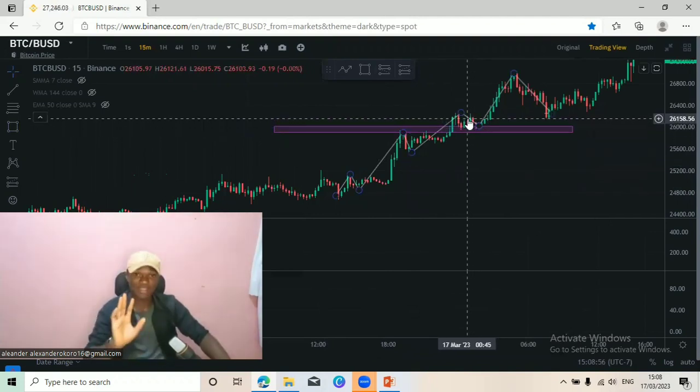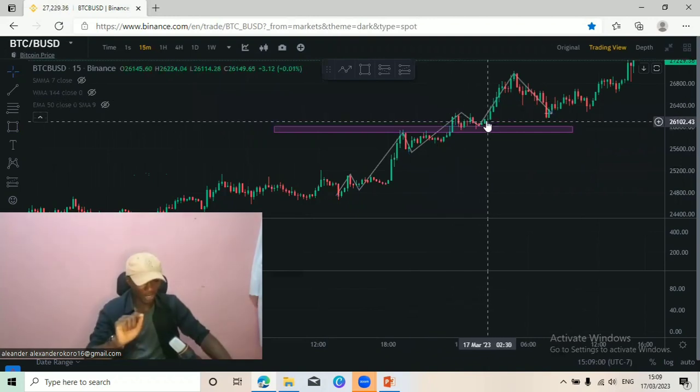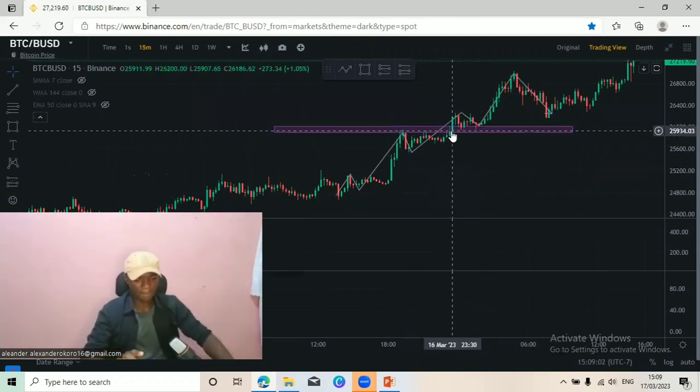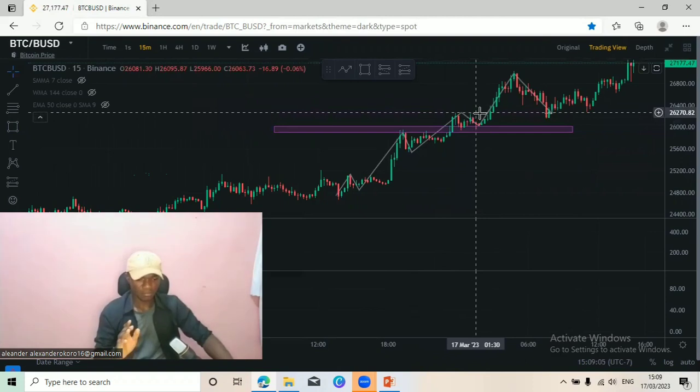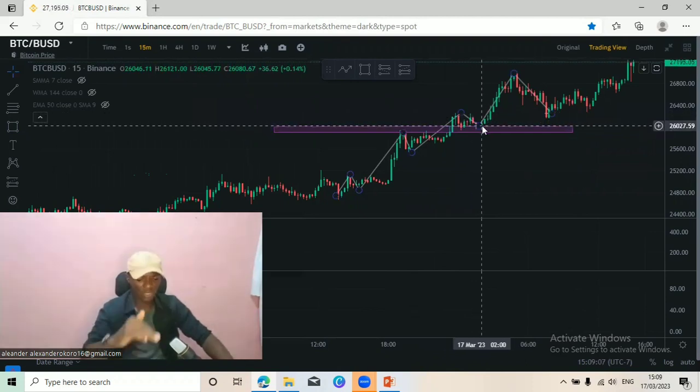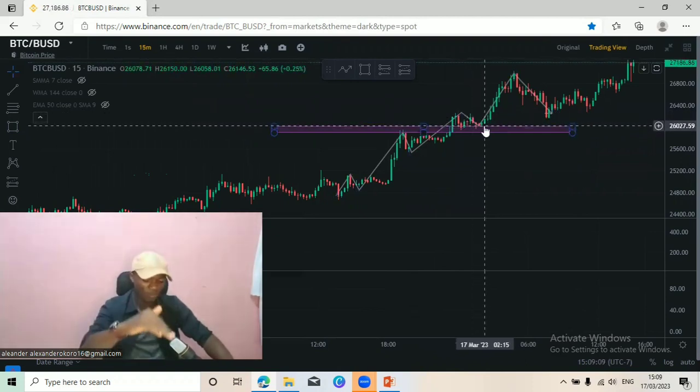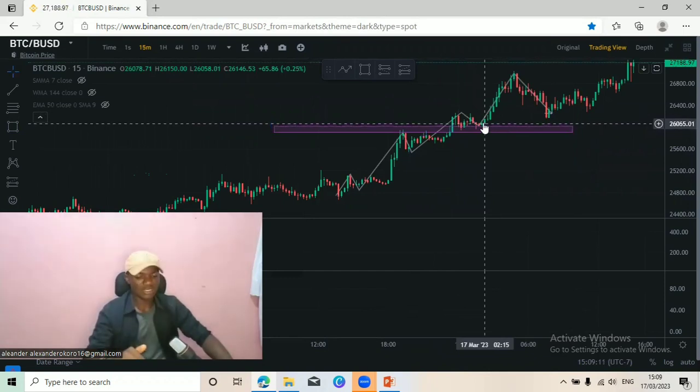All right. I hope that's clear. Now, let me go again. You can see a possible breakout here, and the resistance has turned to support. Then it is a good possible entry for your trade.